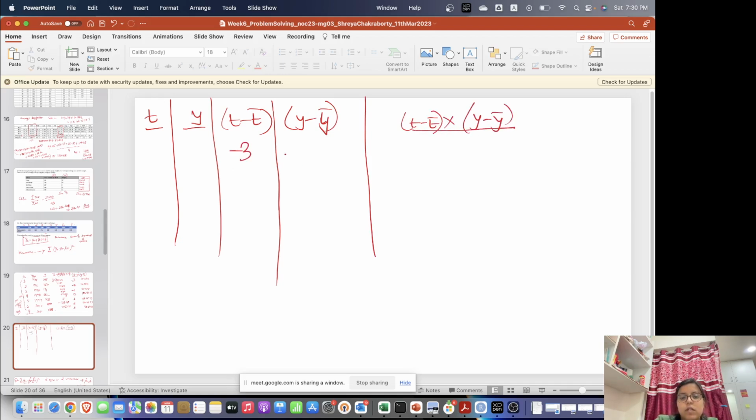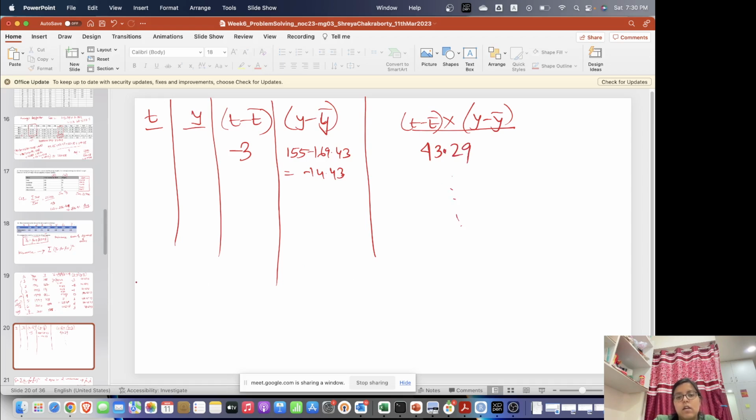So 155 minus 169.43 is minus 14.43. So then this column would be 14.43 into 3, that is 43.29, and so on.